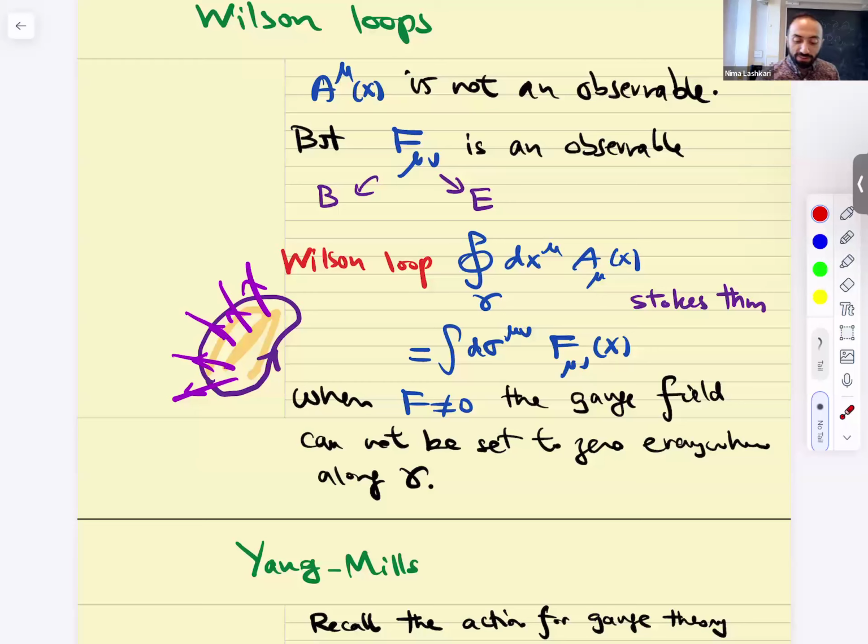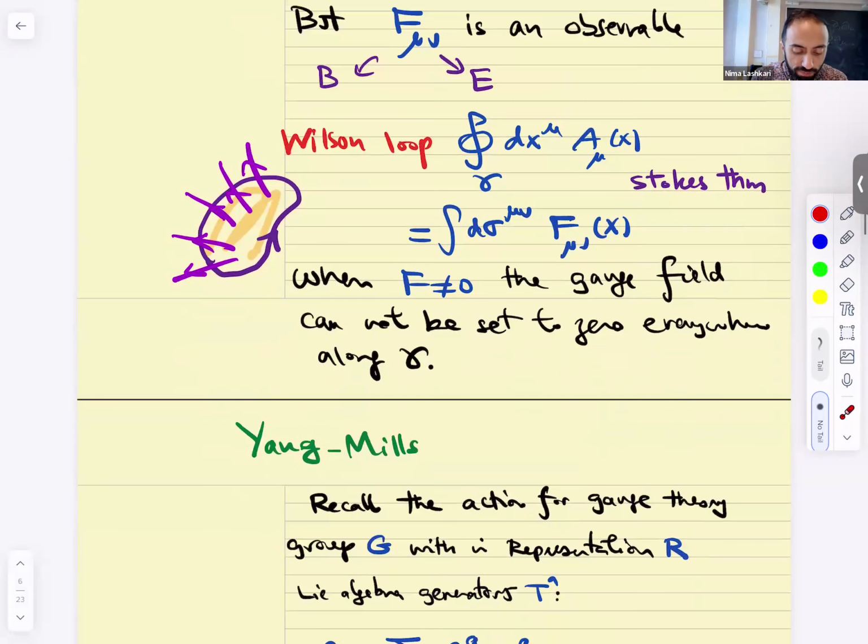Good. So Stokes' theorem tells you that this integral around the loop is equal to an integral inside. It's related to the flux that goes through this. This is the electromagnetic flux that goes through this surface.